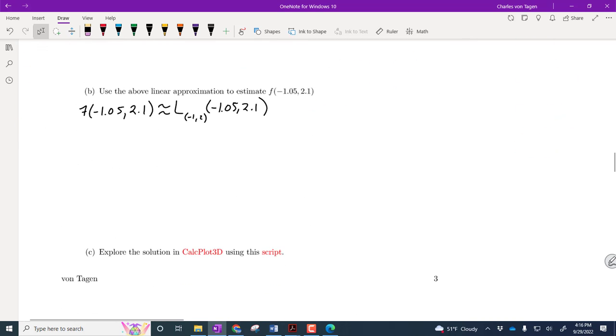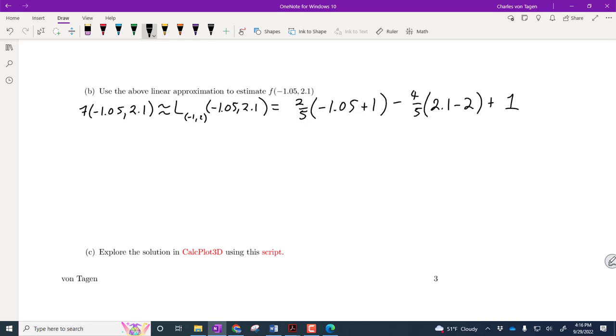Okay? So we take our answer from before, which I think we said was 2/5 times x, so negative 1.05 plus 1 minus 4/5 times 2.1 minus 2 plus, was it 1?